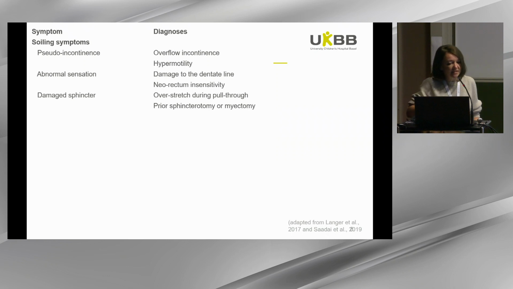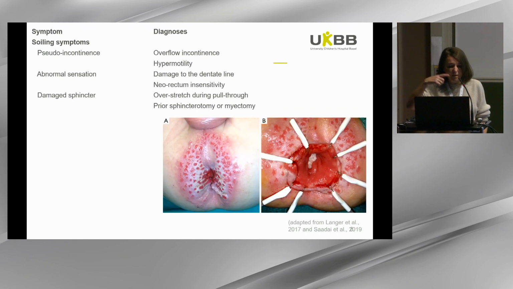Does the patient have an abnormal sensation due to maybe the dentate line having been damaged? We can see it here. So the colonic mucosa of the pull-through reaches the skin, and therefore we lose the anal canal pressure. Is the patient suffering from neorectum insensitivity, or has the sphincter been damaged? Maybe during the surgery, or the patient has previously undergone myectomy or sphincterectomy.